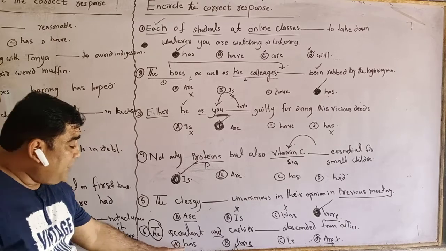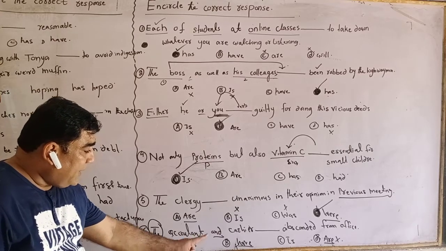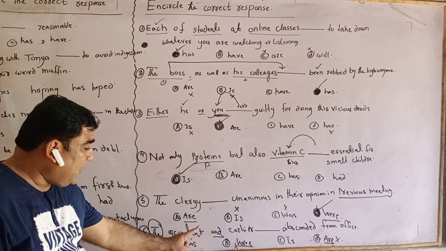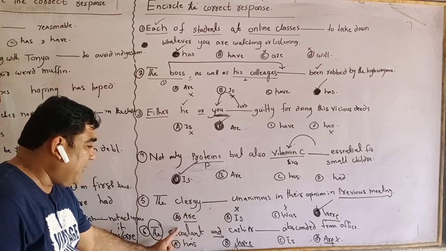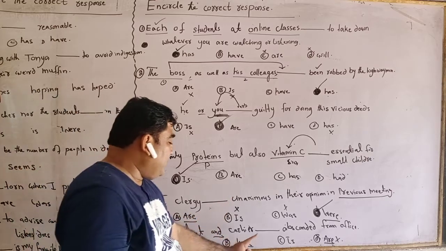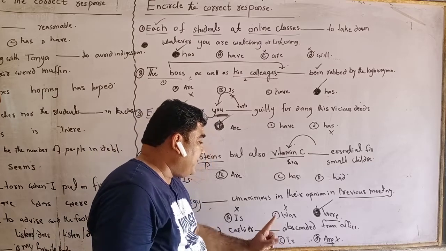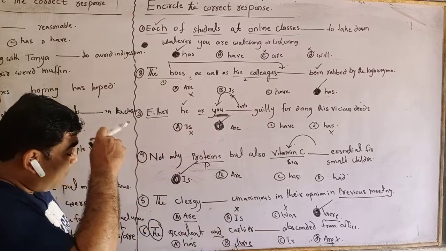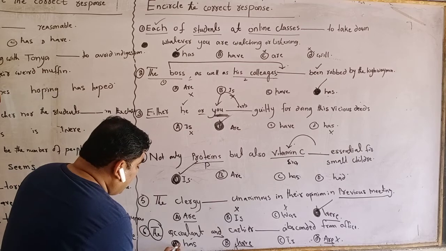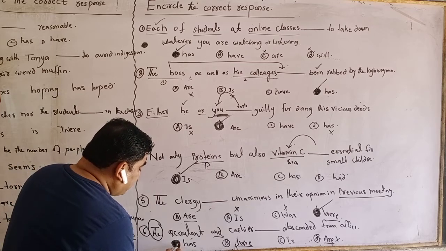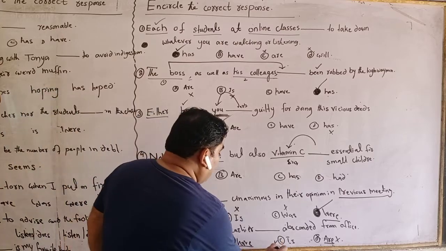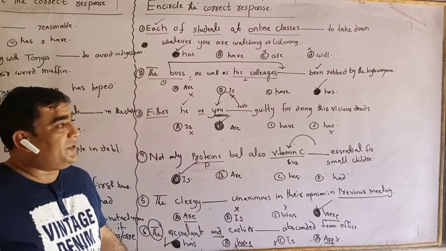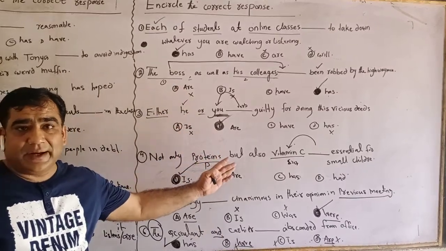If we write accountant and cashier has absconded, that would be active. If is is used, that would be passive. But this sentence is suitable to make an active sentence, not a passive one, so is is wrong over here. So this is the MCQ in this regard.